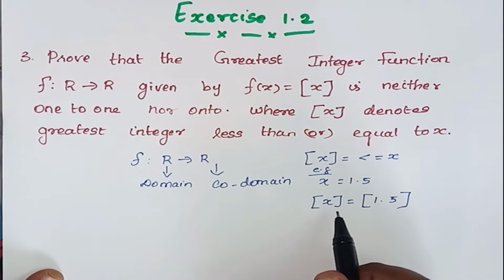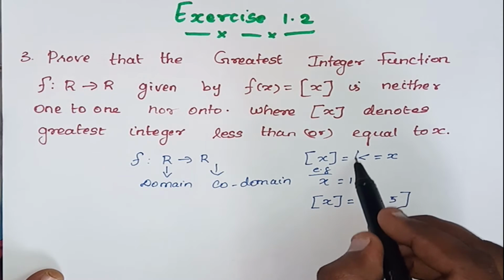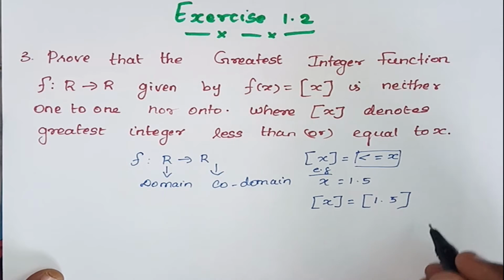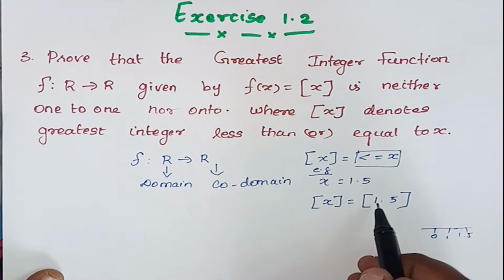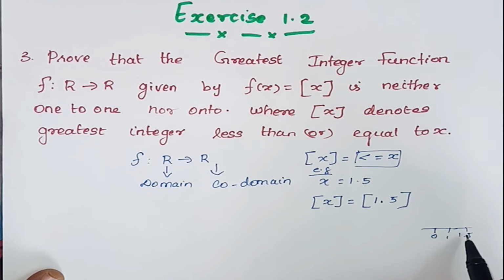The square bracket of x means it is less than or equal to x. So this is the concept. I'm taking a number line: this is 0, this is 1, this is 1.5. The square bracket should be less than or equal to x. So what is a value less than or equal to 1.5?